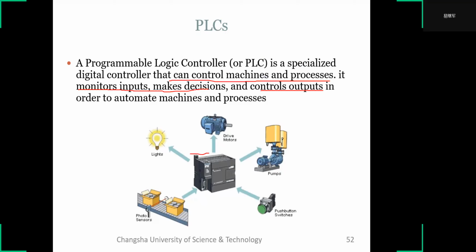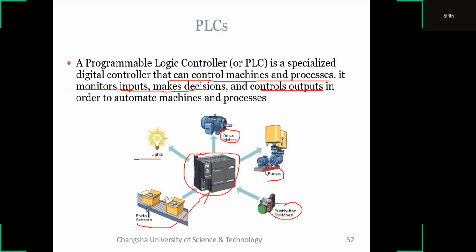The PLC can control lights on or off, control motor speed, control a pump, accept input from a button, and get the result from a photo sensor.